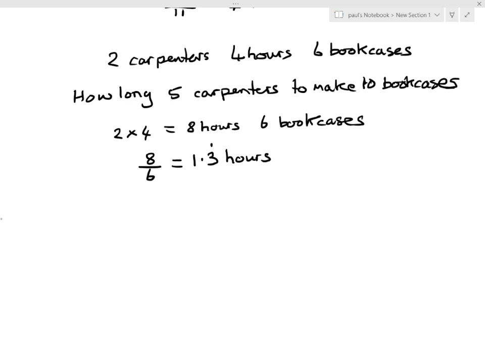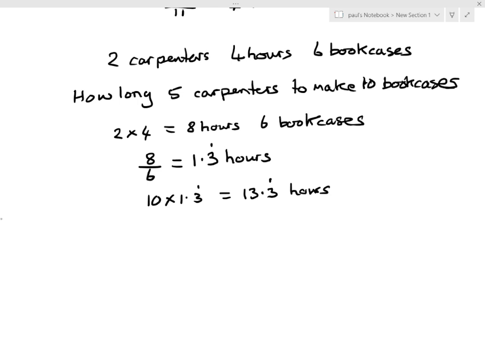So if it takes one person 1.3 recurring hours for one bookcase, we're going to go 10 bookcases times 1.3 recurring hours, which equals 13.3 recurring hours. So that's one person to make 10 bookcases.